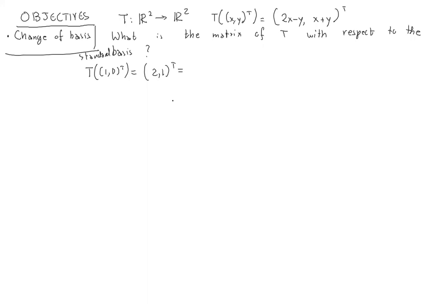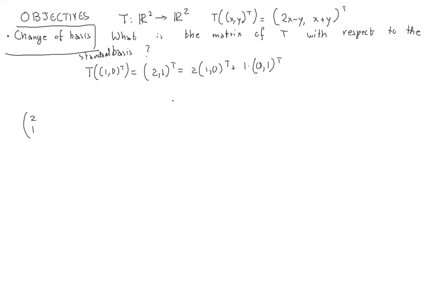And you need to express that image as a linear combination of the vectors of the standard basis. So this will be 2 times (1, 0) plus 1 times (0, 1). And that will be the first column that you're going to put in that matrix. So you will have 2, 1.